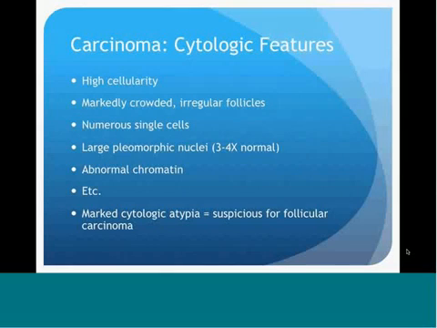You may have necrosis in some carcinomas. Usually in papillary carcinomas, necrosis is not a feature that is typically seen. But marked cytologic atypia can fall into the suspicious for follicular carcinoma or suspicious for PTC category.